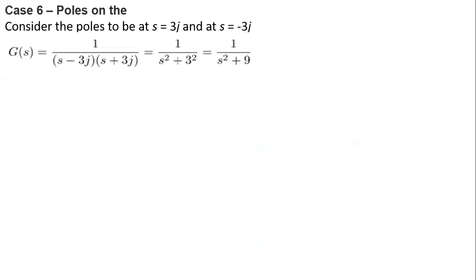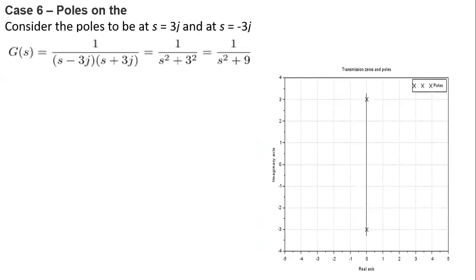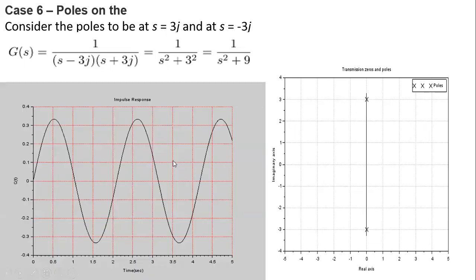Then finally, the poles on the imaginary axis. The poles lying on the imaginary axis are purely imaginary. Consider the poles to be at s = 3j and s = -3j, on the imaginary axis with real part 0. This is how we represent it. The response of this type of system is a sustained oscillation, an oscillation where the amplitude remains constant.